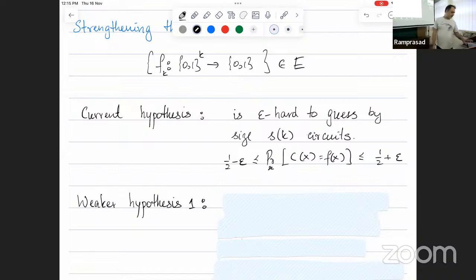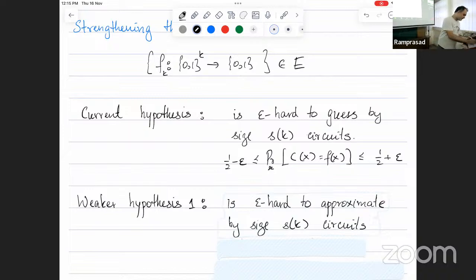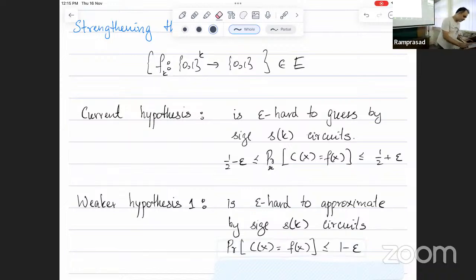So the hypothesis is going to be that a certain function, that same family f, is epsilon hard to approximate by size S of k circuits to really mean the following: that the probability that you actually equal f of x is at most half minus epsilon.